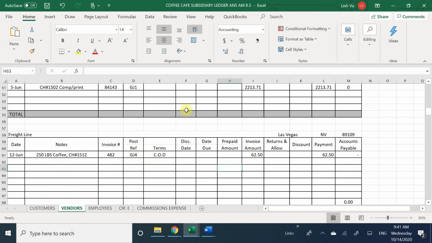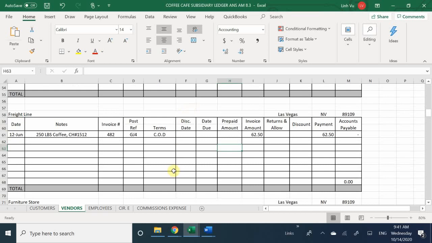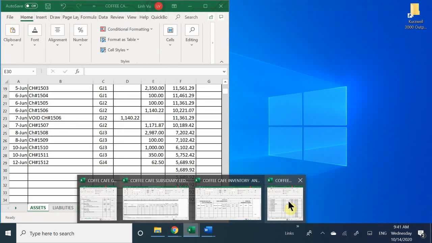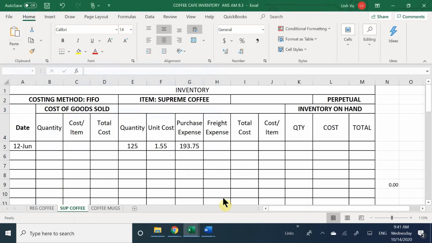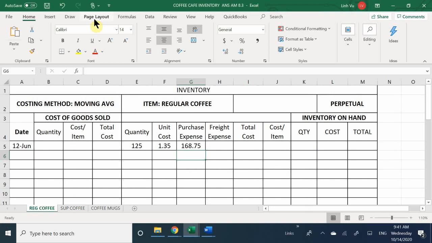Now that I've finally finished my subsidiary ledger, I can plug in my information in my inventory worksheet. In here, I'm going to go back to my regular coffee. Since it's the same day, we don't need to make another extra entry. We can just type it in right away, in the same line.